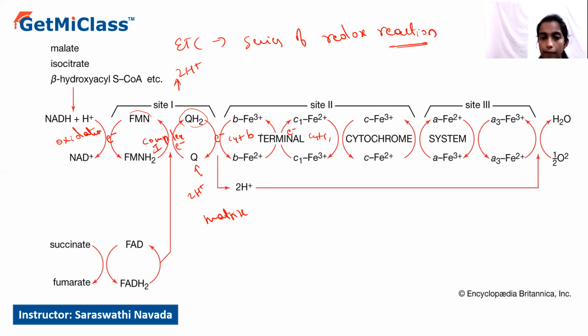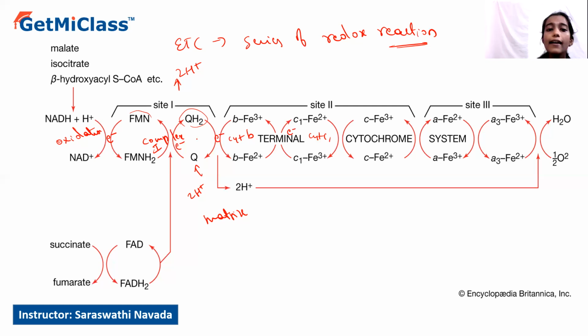As the electron is transported into cytochrome C1 of complex 3, the ferrous ion will be oxidized into ferric ion, and in cytochrome C1, upon accepting the electron, the ferric ion present will be reduced into the ferrous ion. So that is the reaction occurring in the cytochrome B-C1 complex, or complex 3.